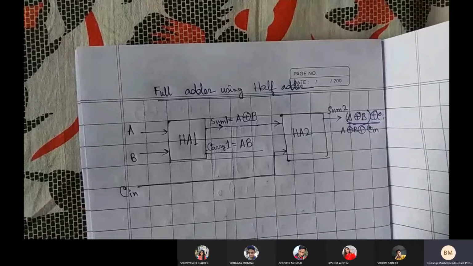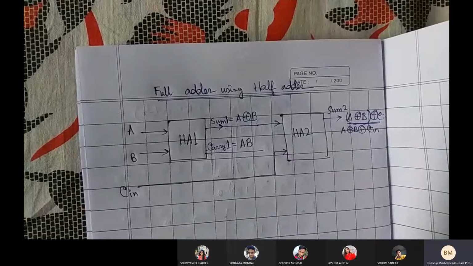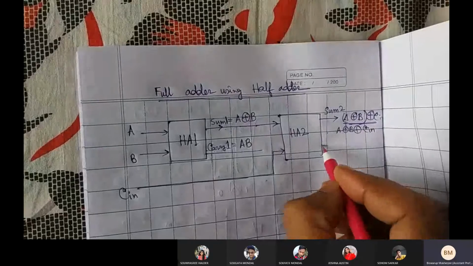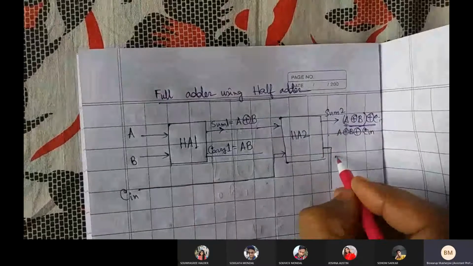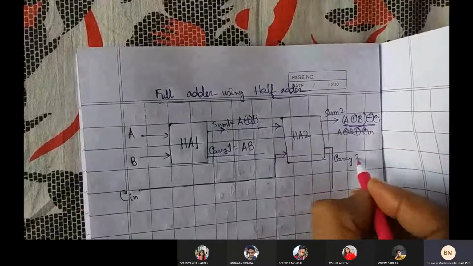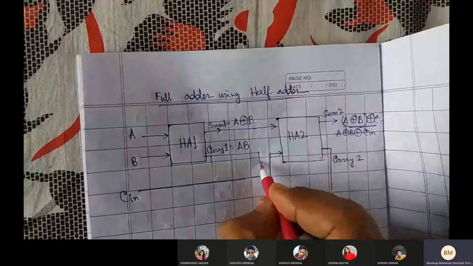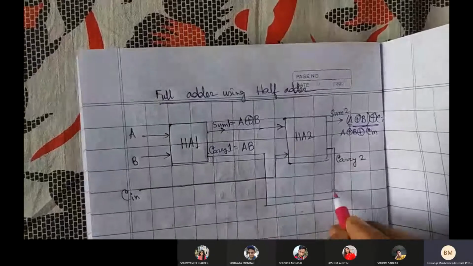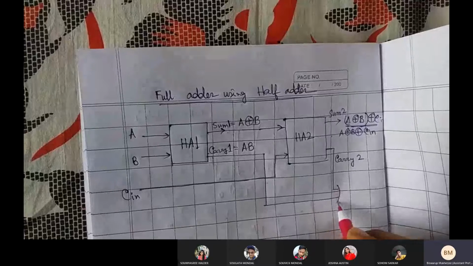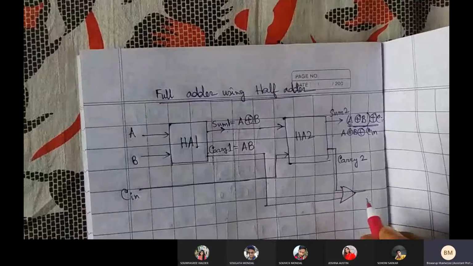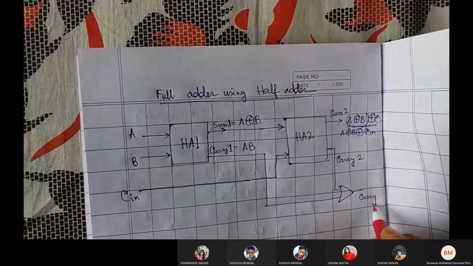So that can also be written like this. For generation of carry, what we need to do? I am taking carry 2 and carry 1, and I am making an OR operation between these two to get the final carry.